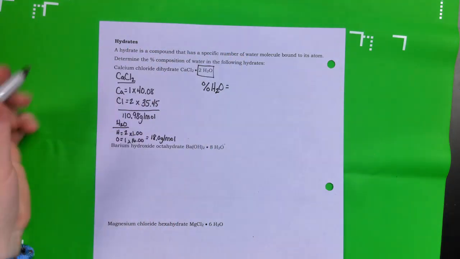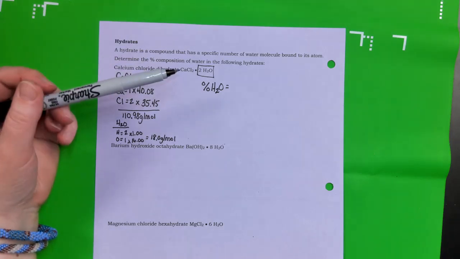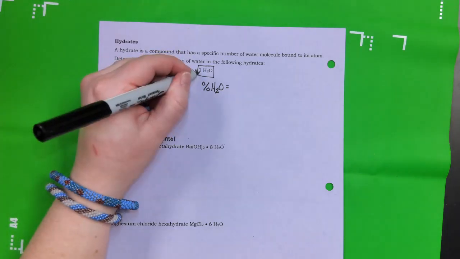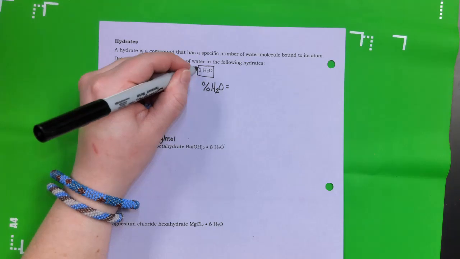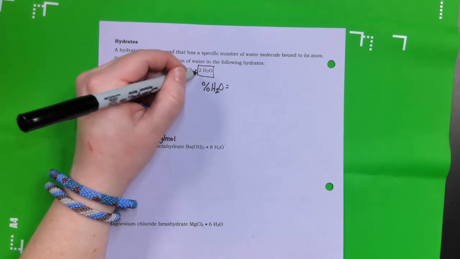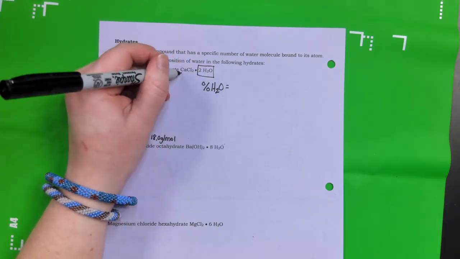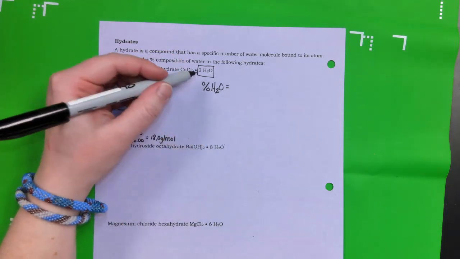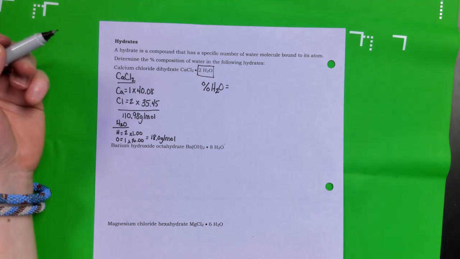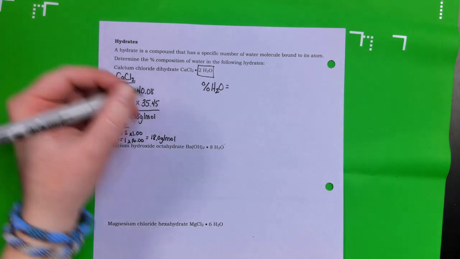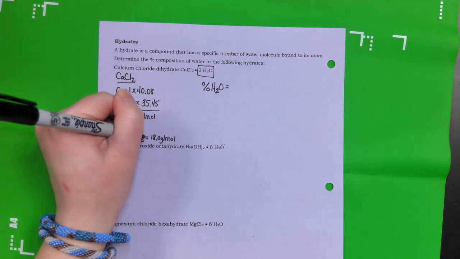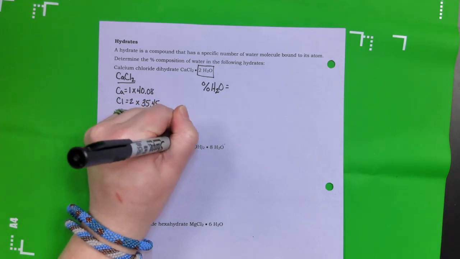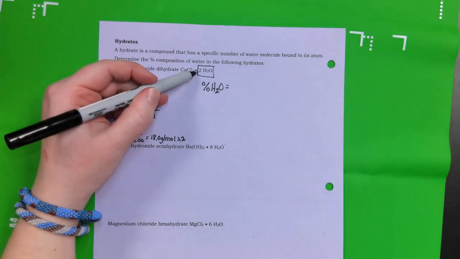The setup is pretty similar, so the first thing that you're going to do is take the mass of the water. What we have here, again, just like in balancing, we have a coefficient that tells us how many water molecules there are. So for every one of these, there's 2 H2O. So when you look at your other formulas, you can see the coefficient changes depending on the compound. So what I'm going to do next to account for that is I'm going to take water's mass times 2, because there are 2 H2Os.